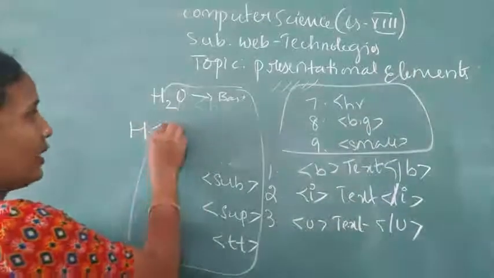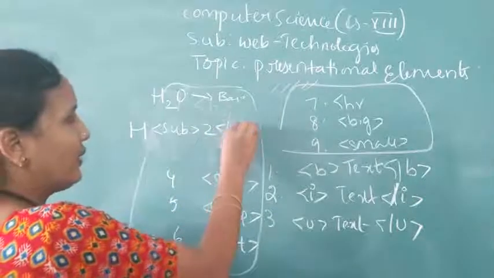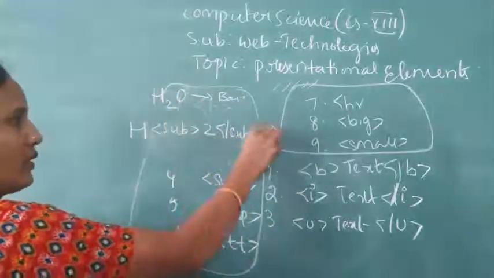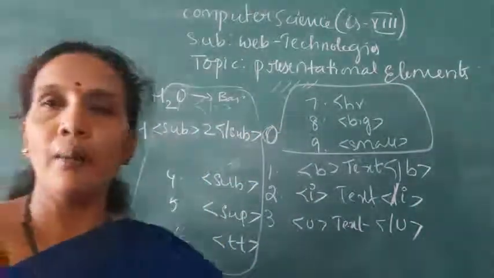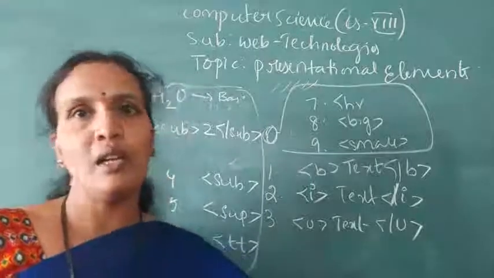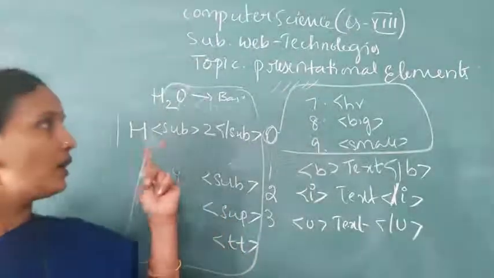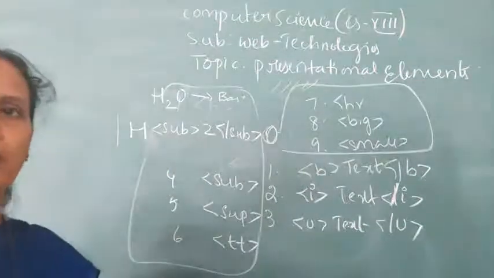Just include SUB, 2, closing SUB, next O, H2O. So whatever text you have included between a SUB opening and a SUB closing, only that text will be displayed in subscript. The remaining will be displayed as it is on the baseline.